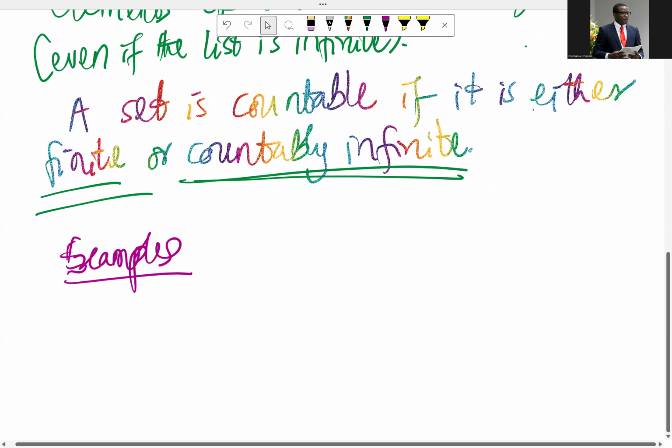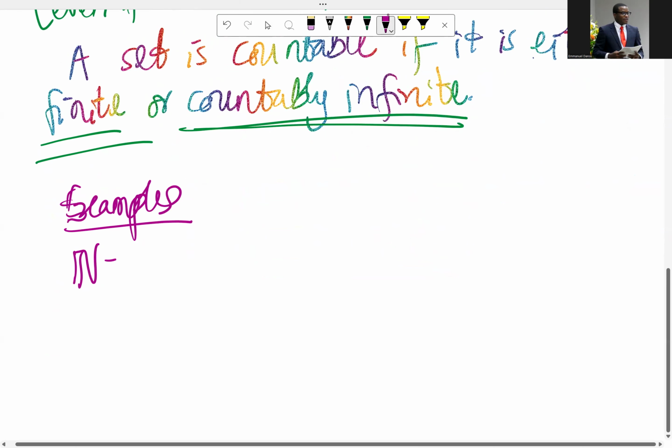The set of natural numbers is the standard, anything can correspond with it, so definitely natural numbers will correspond with itself. So the set of natural numbers 1, 2, 3, 4 is countable.